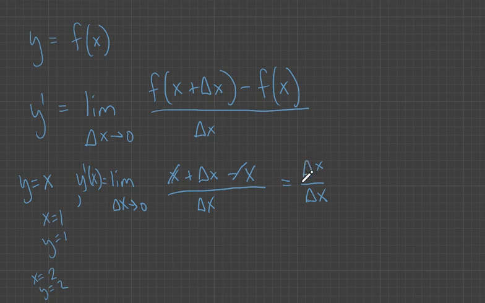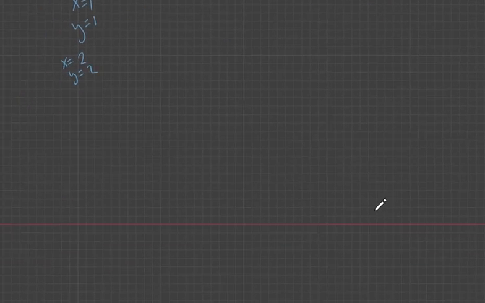So what we're really saying is take a very, very small number and divide it by that same very, very small number, and we know anything divided by itself is equal to 1, so the derivative of x equals 1.